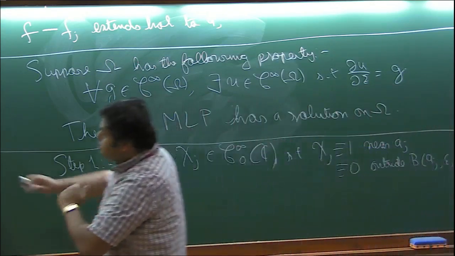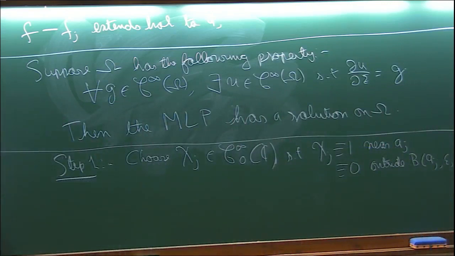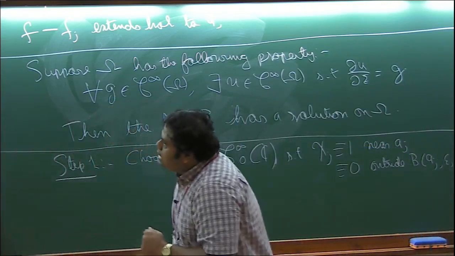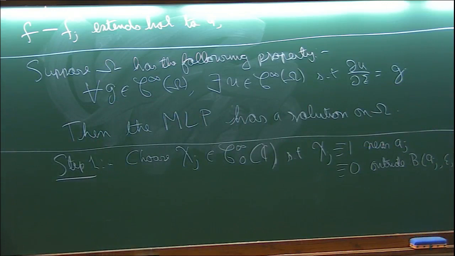So these choices depend on the particular data. Okay. So what I did here was that at each of these points, I chose a cutoff which lives near this point. Okay. And now let us look at the function.